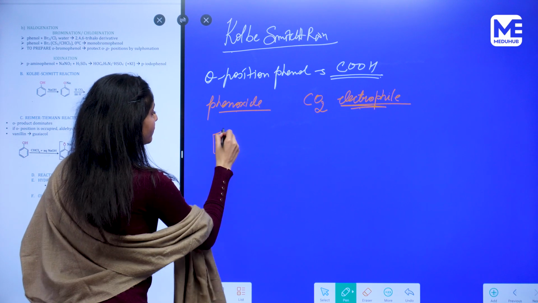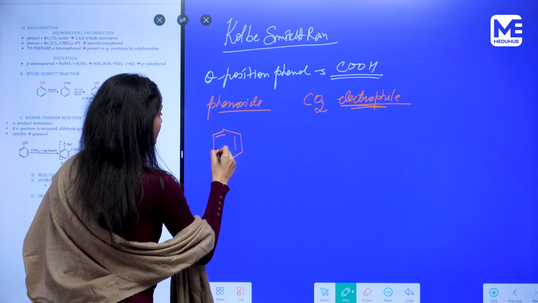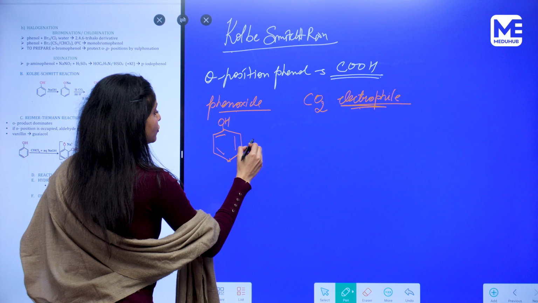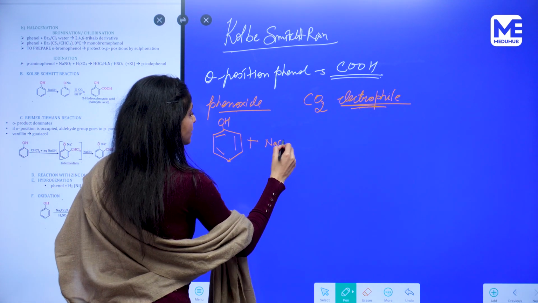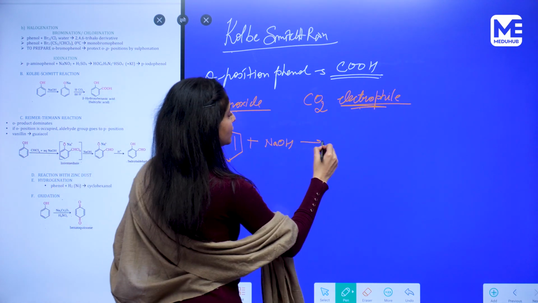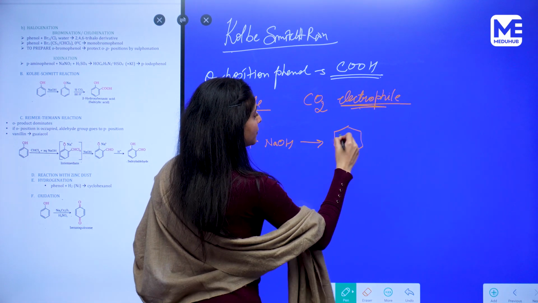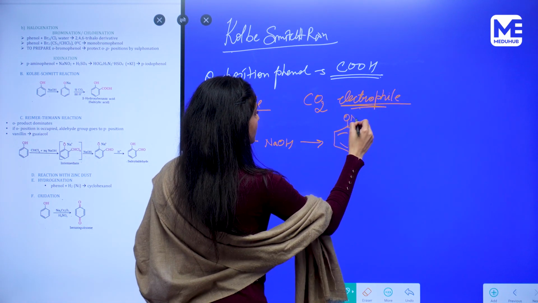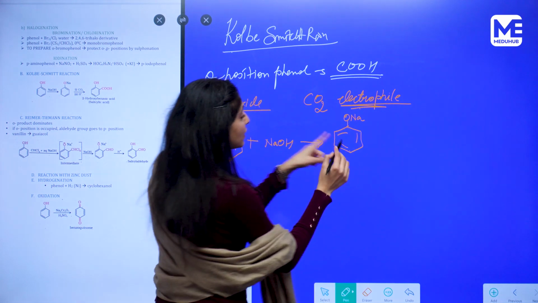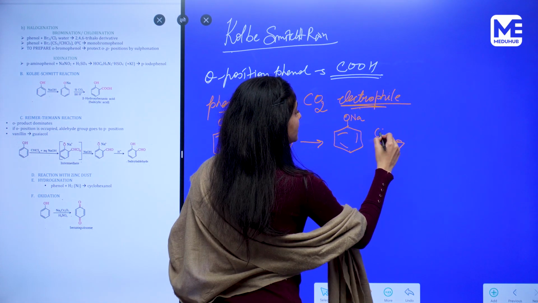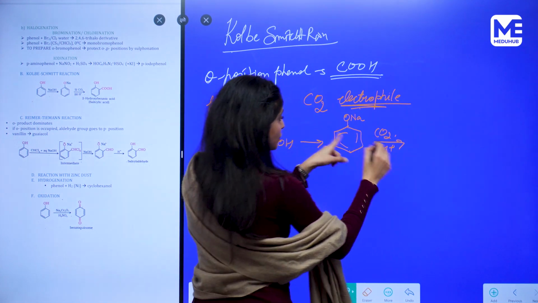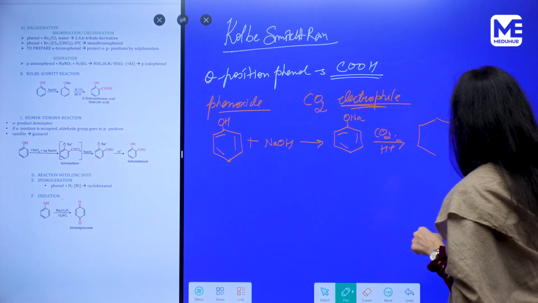So we have phenol reacting with NaOH, giving us sodium phenoxide. Now this reacts with CO2 to give us this product.